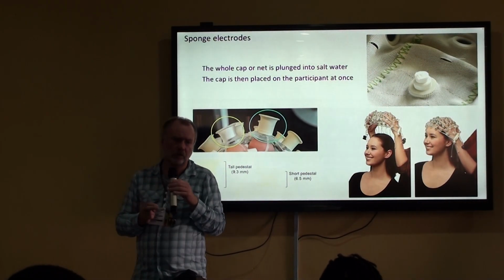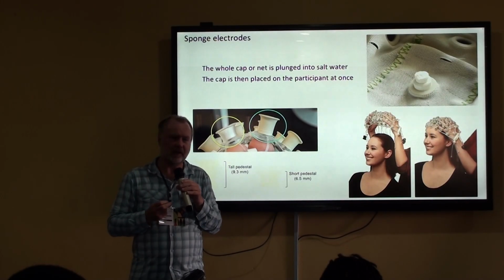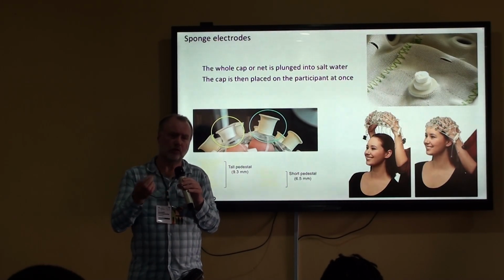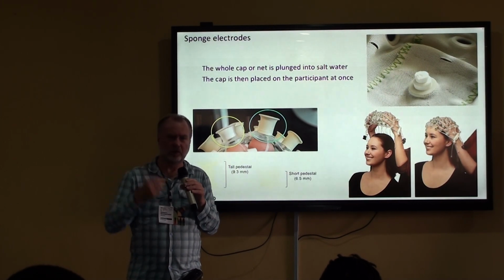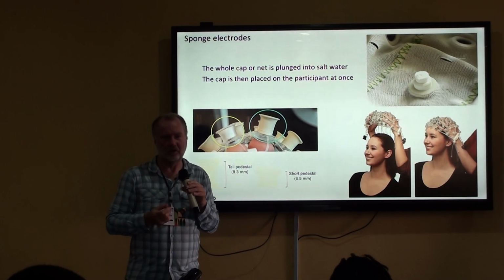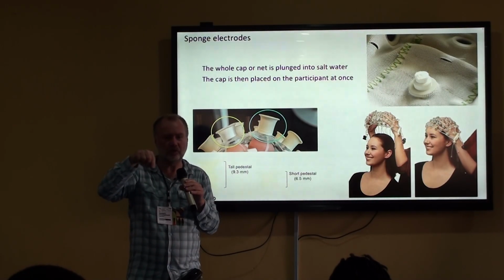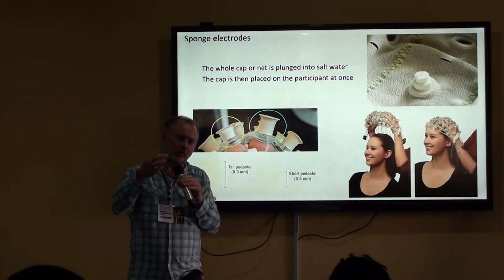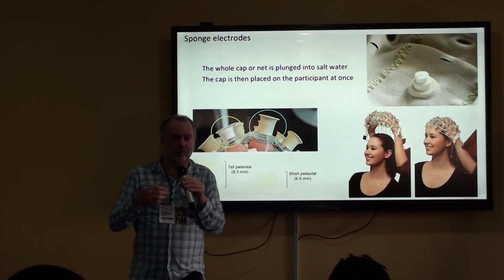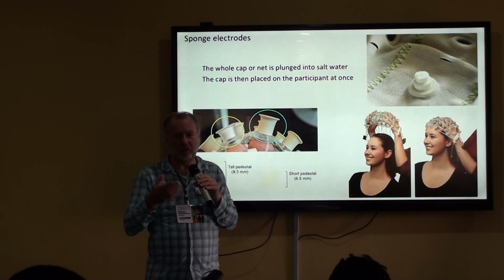I think the bridge electrodes might actually be quite suited for short-term recordings at a distance, because you can clearly see how they work. You just have to wiggle the electrode, push it through the hair to the skin, and there's a little bit of salt water on the electrode itself. But I also think there's an important consideration: do you need a lot of electrodes or do you need a few?